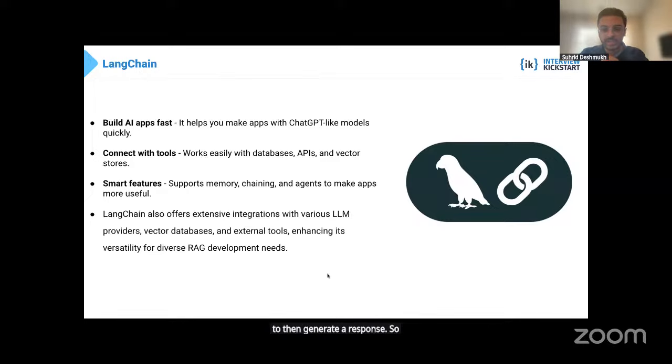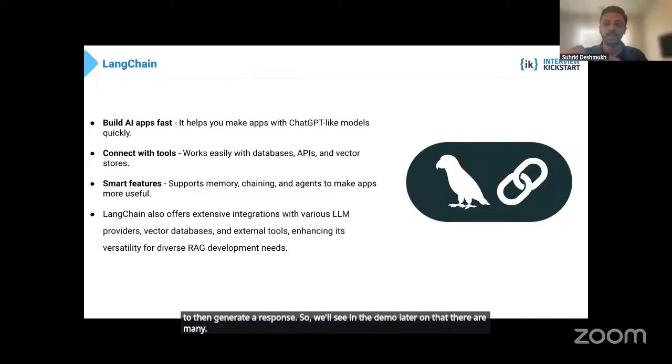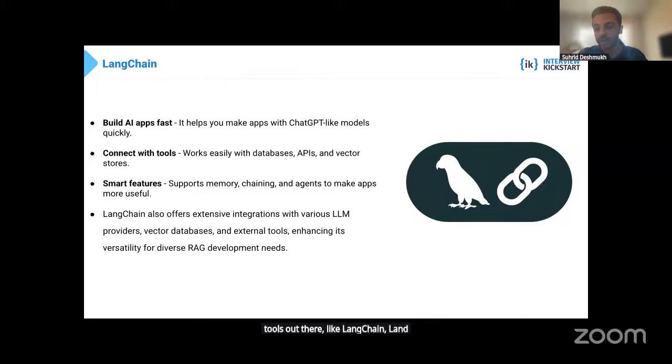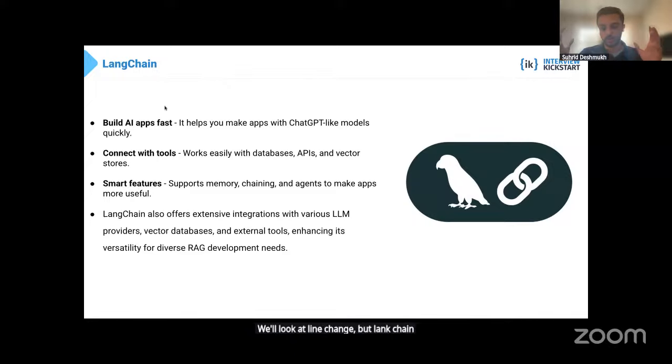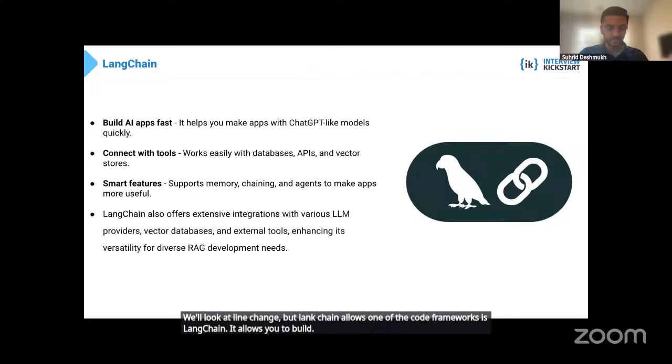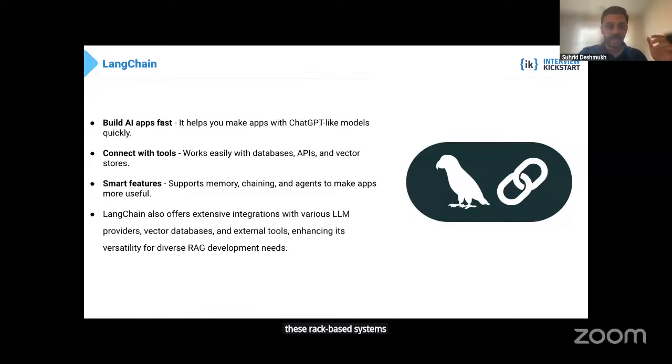So we'll see in the demo later on that there are many tools out there like LangChain, LangGraph, Crew AI, and N8N, which is a no-code framework. We'll look at LangChain, which is one of the code frameworks. It allows you to build these RAG-based systems and other AI apps very fast.